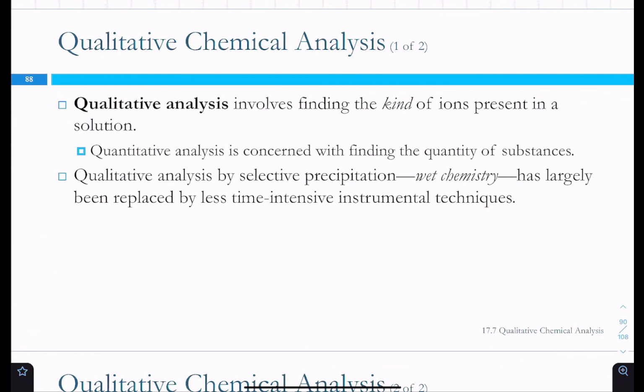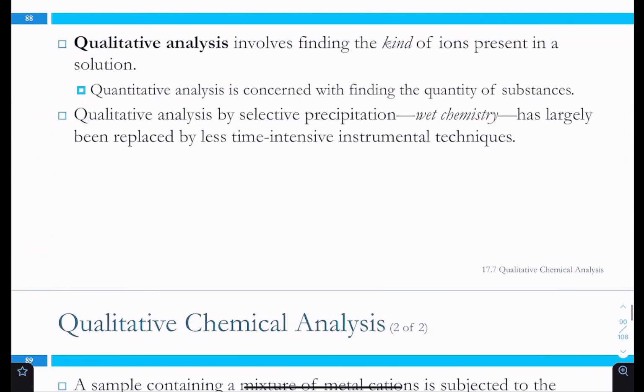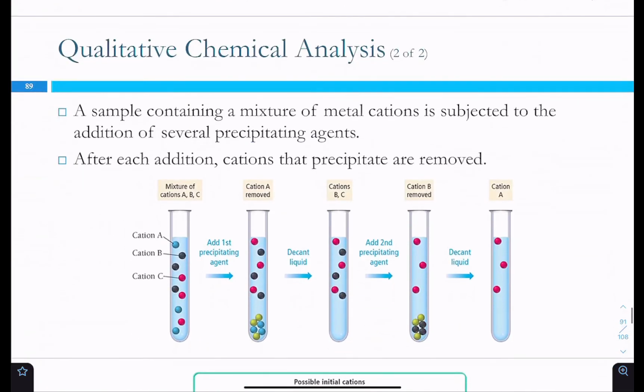You can detect those individual ions and determine what's in a sample, rather than having to get enough of it to mix and add different things to the solution. This is still an important skill to know.